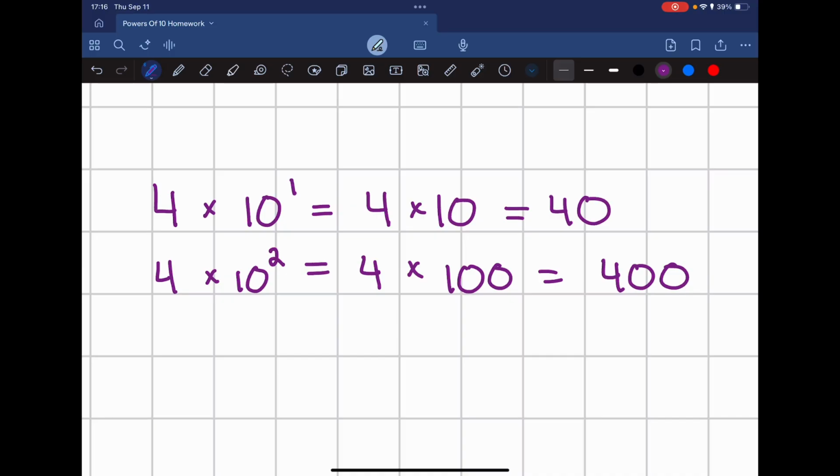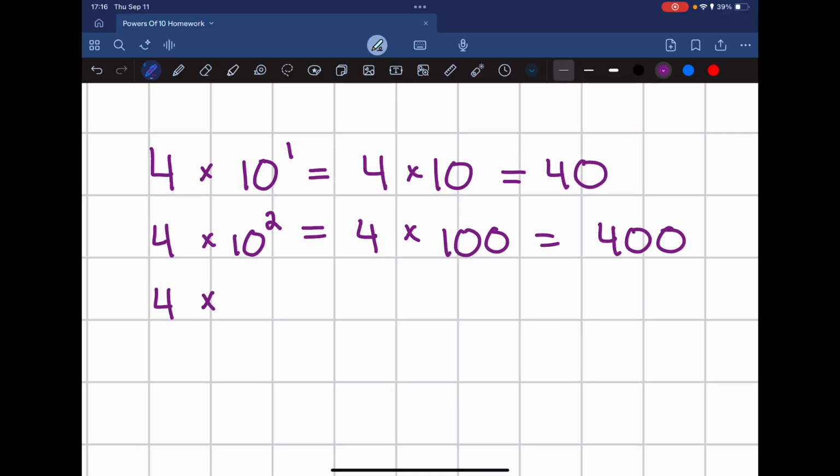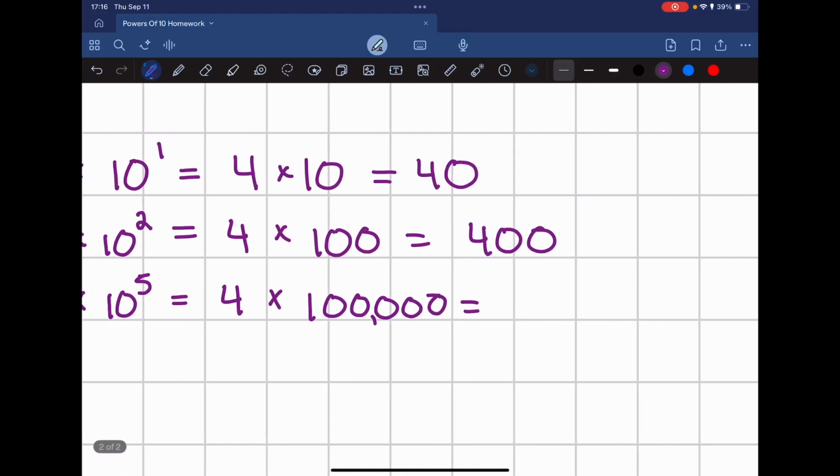I'll skip a little bit here. This continues on. If we have 4 times 10 to the fifth power, we know that that is equal to 4 times 100,000, which would be equal to 400,000.